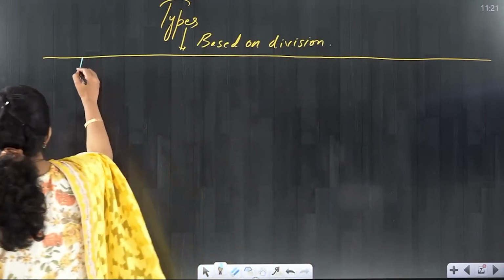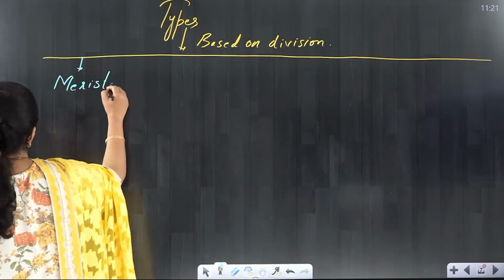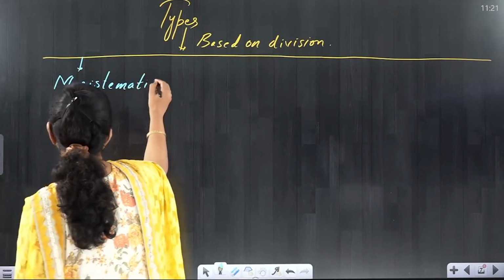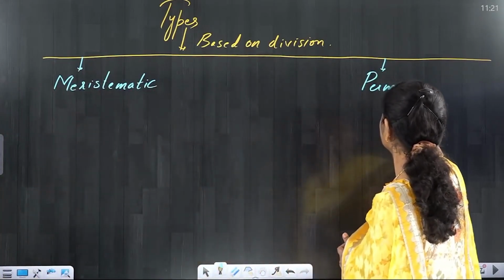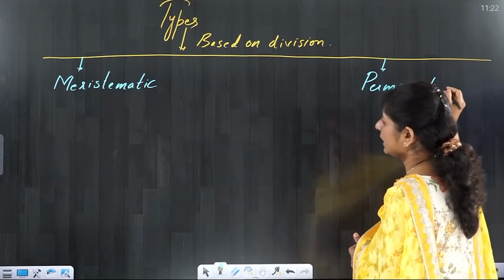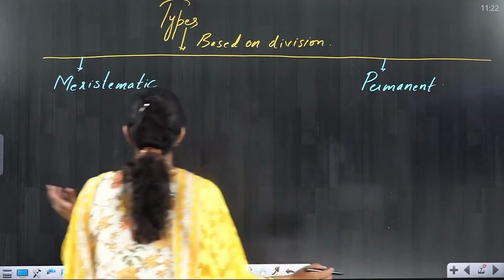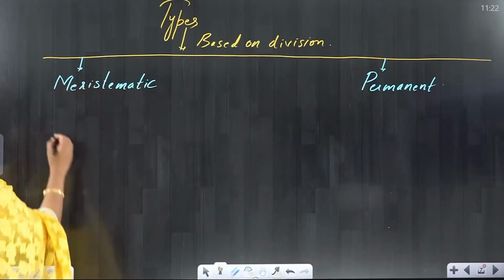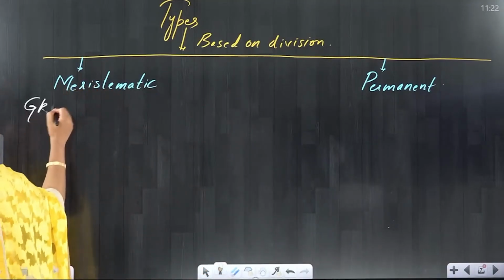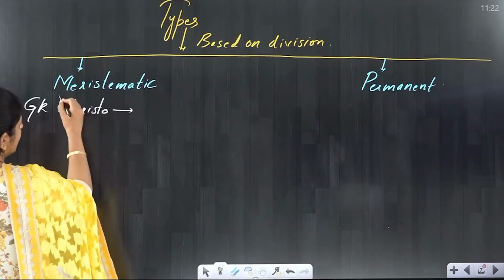One is the meristematic tissue. Next you will find permanent tissues. Right? Now this word meristematic is derived from the Greek language, where meristo stands for what?